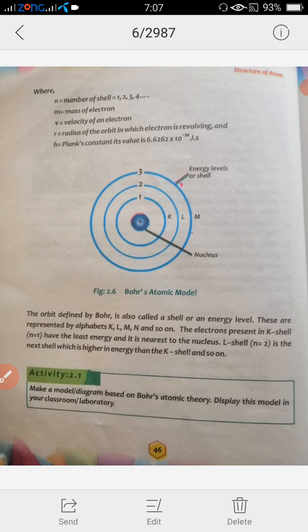Now we are moving ahead. That orbit defined by Bohr is called shell or an energy level, and these are represented by the capital alphabets K, L, M, N, and so on.